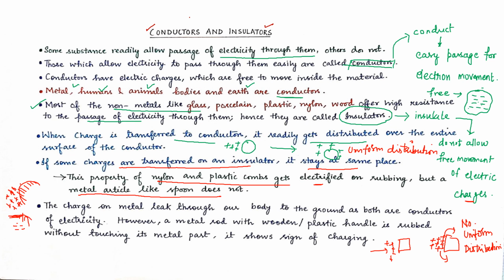But when we are talking about something metallic, as the book has given the example of a spoon, we can give an example of any other metal, maybe a metallic pen or anything. They acquire charges but they do not keep accumulated charges on the same surface, they keep on spreading.